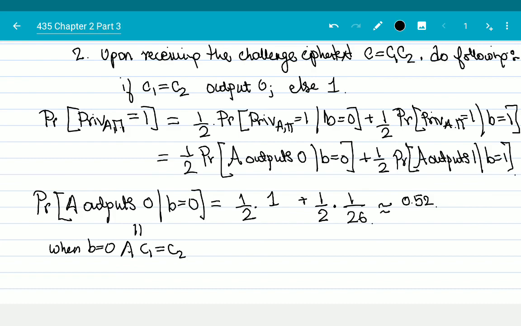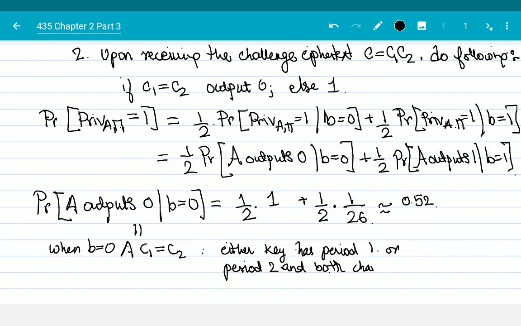And C1 is equal to C2 either if the key has period 1, or period 2 and both characters of the key are the same.